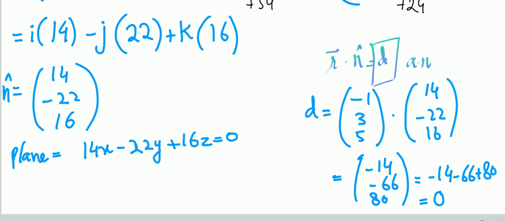Now what we can do over here is take 2 common. So we'll have 7x minus 11y plus 8z.